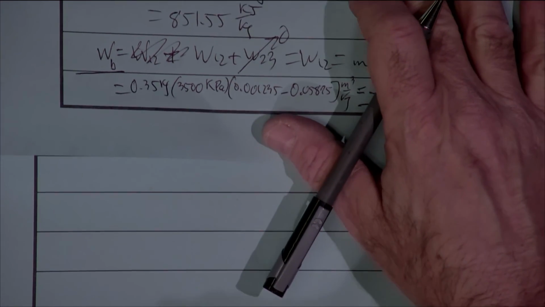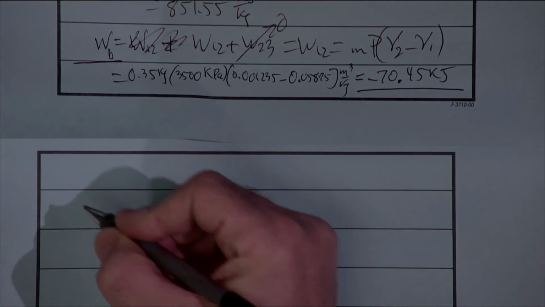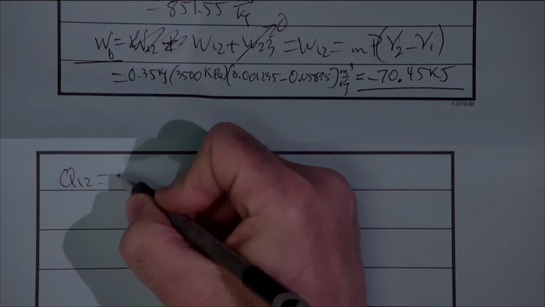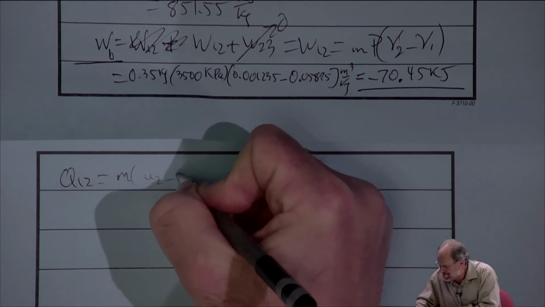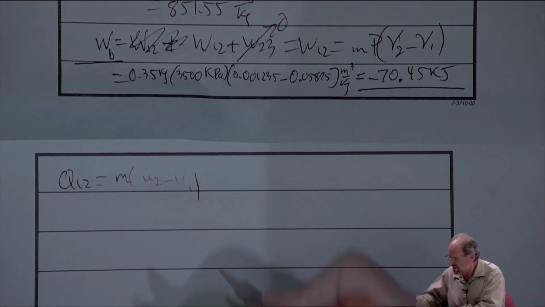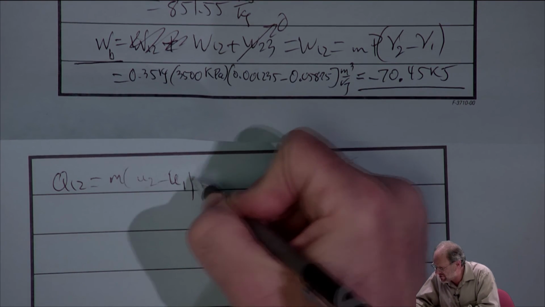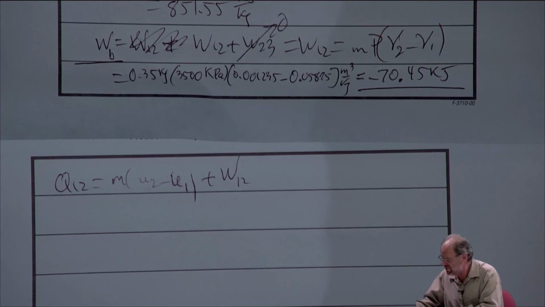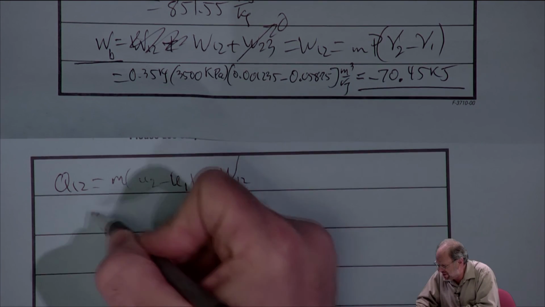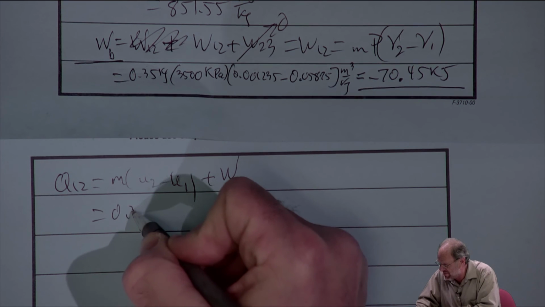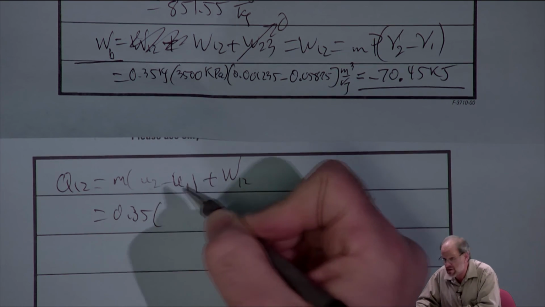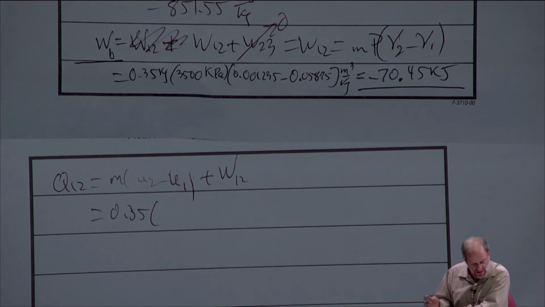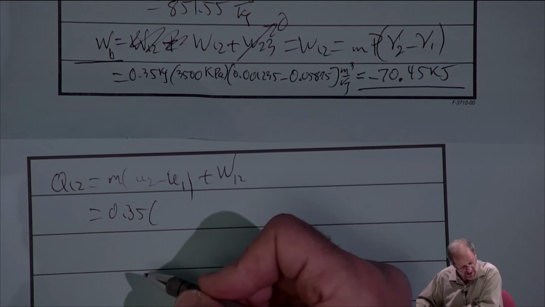And next, we want to find our two heat transfer terms. Again, these equations are already in your notes. So we have change in internal energy plus the work from 1, 2. Again, it's just a matter of plugging in the numbers. 0.35 times, what are our numbers?